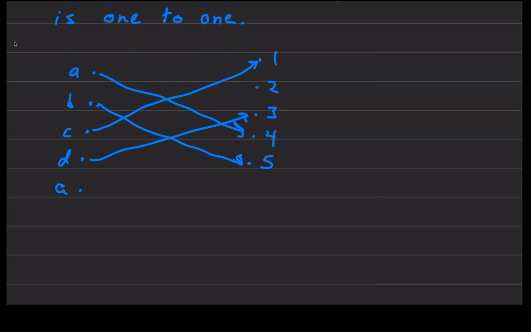We'll make that e. And if we made e also point to number 5, then in this case, this would not be one-to-one because we would have two different elements from the domain mapping to the same element in the codomain. So we cannot have that.